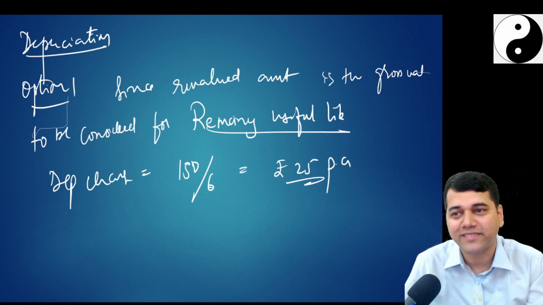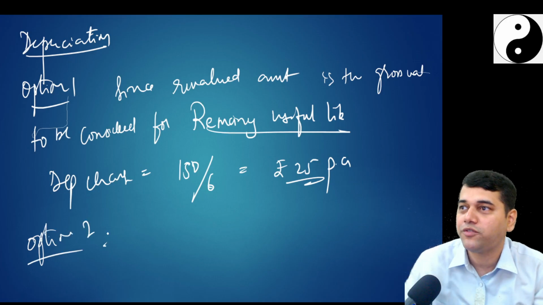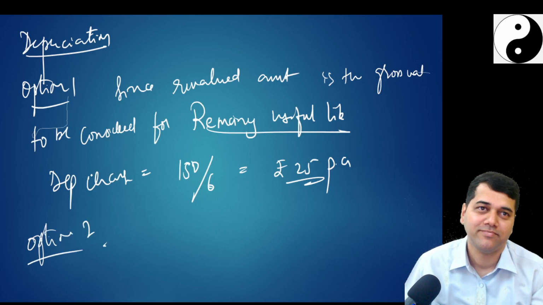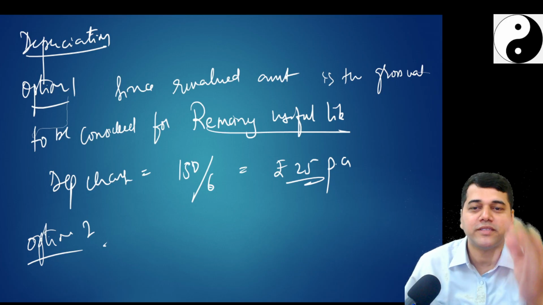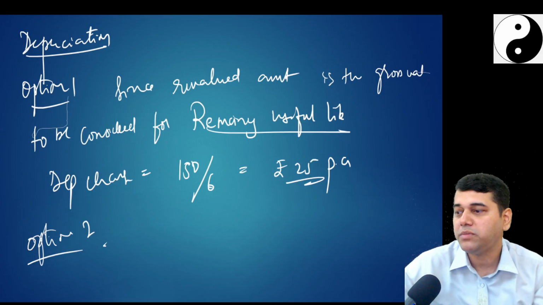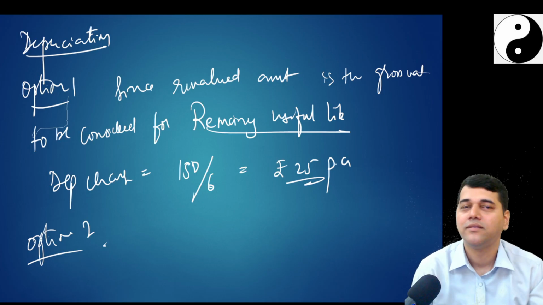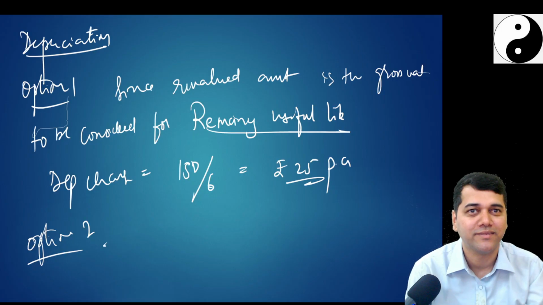If I go for option number 2, how much depreciation should I charge going forward? If I go for option number 1, you say, sir, charge depreciation 25. If I go for option number 2, how much depreciation should I be charging going forward? Then it becomes a complete advice.